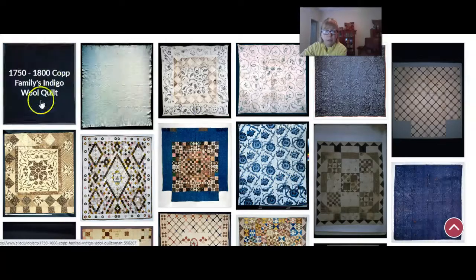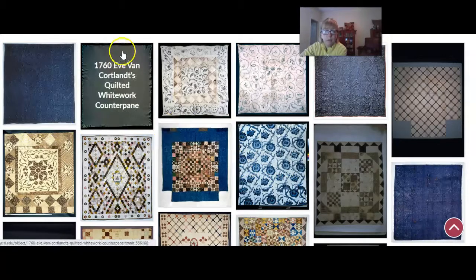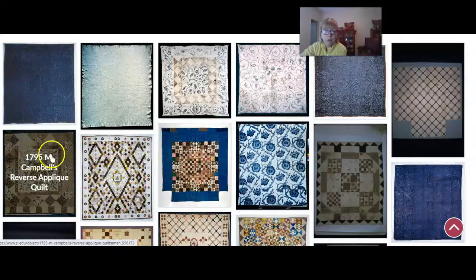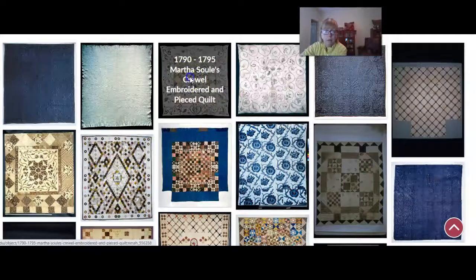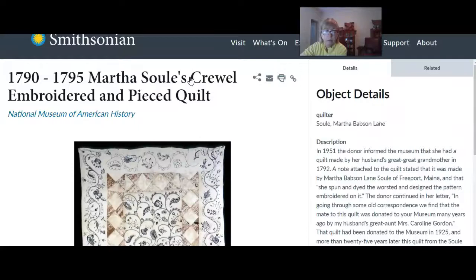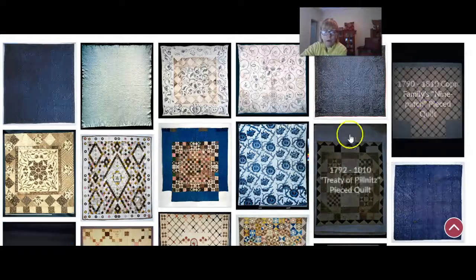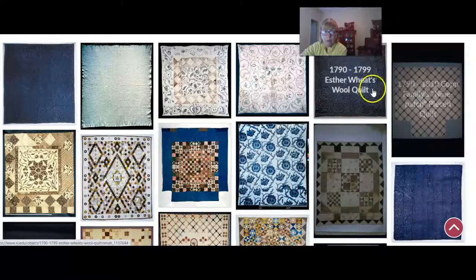But just take a look at how interesting these early quilts are. They are very elegant. They used really nice materials. They did a lot of embroidery with them. And they really focused on a kind of artisanship or art.